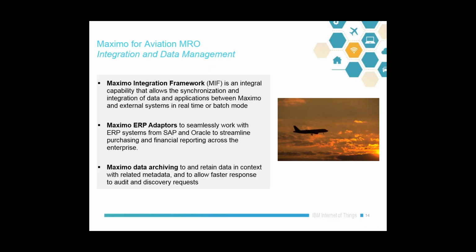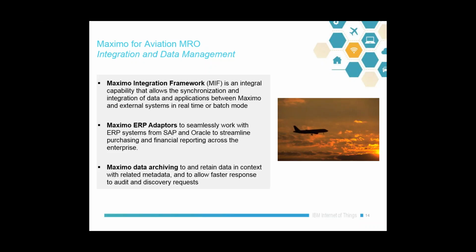When it comes to asset management, that's what we do well. But we don't want to replicate function that they know how to do, which is around the ERP side. So we will seamlessly work with SAP and Oracle, because purchasing and financial reporting are fundamental aspects of the aviation industry, just like other industries.